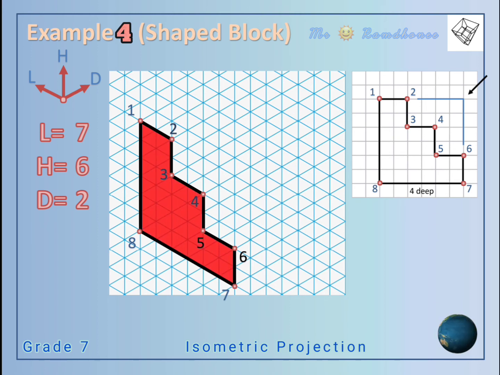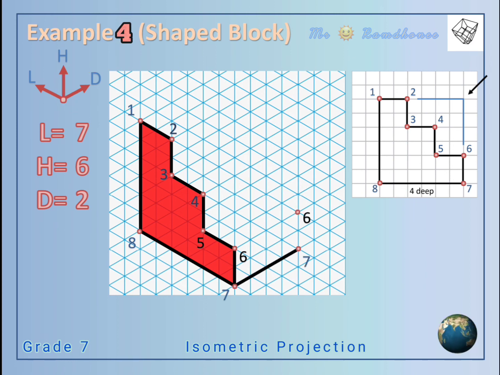Next what we have to do is add the depth to this object. We're going to start with point 7, and point 7 moves 4 triangles, and it moves in this direction because the depth is in this direction.